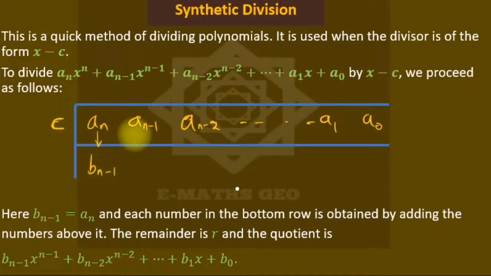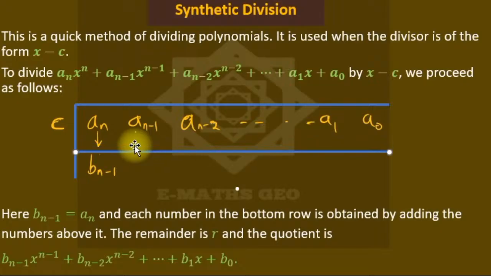If we multiply c by b subscript n minus 1, I have c times b subscript n minus 1. Whatever I get, you add it to the one up. Let's assume that the sum is b subscript n minus 2.